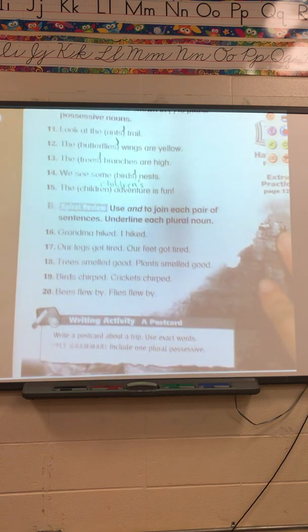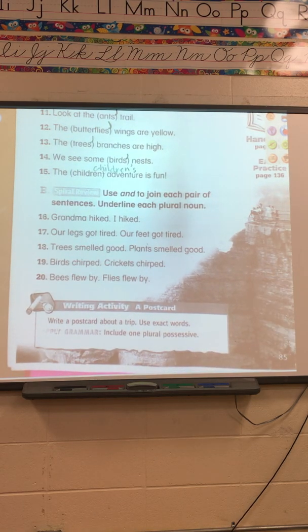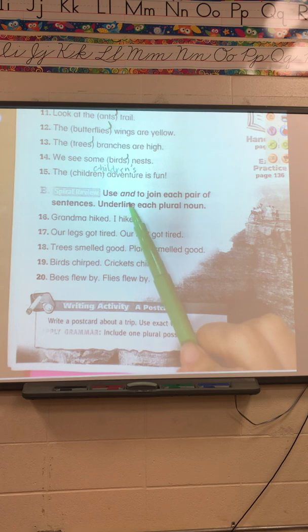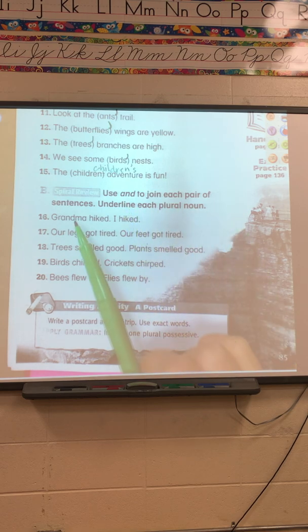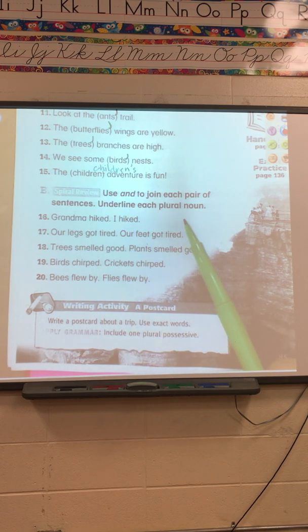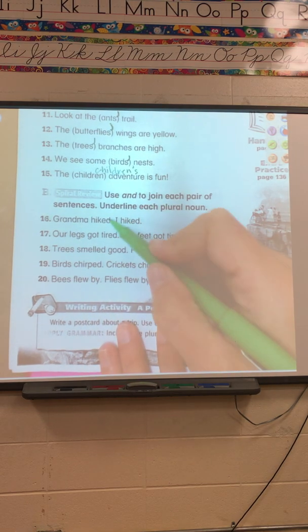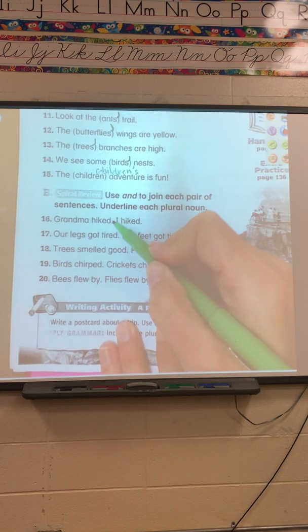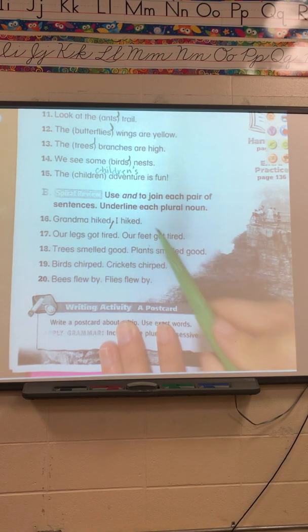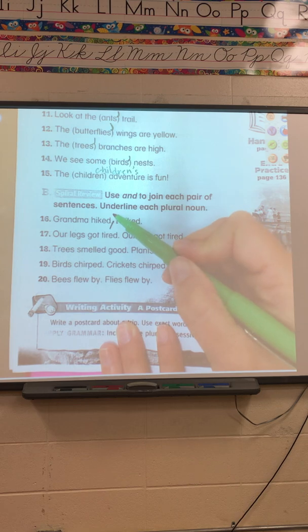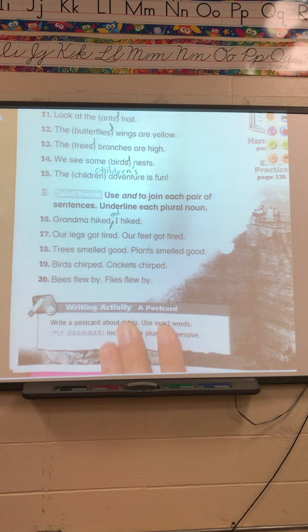Let's look at our last practice section. Use and to join each pair of sentences and underline each plural noun. Okay, Grandma hiked, so strike out the period. Use and to join each pair of sentences. Grandma hiked and I hiked.